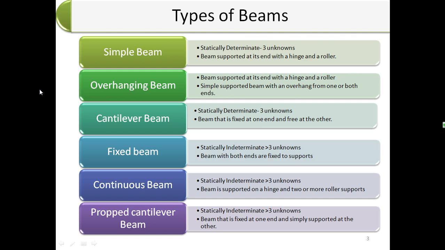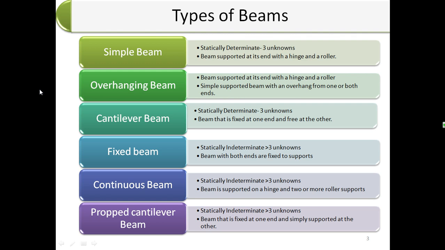When you are able to find the unknowns using these three equations, sigma V equal to 0, sigma H equal to 0, and sigma M equal to 0, we say that it is a statically determinate beam.